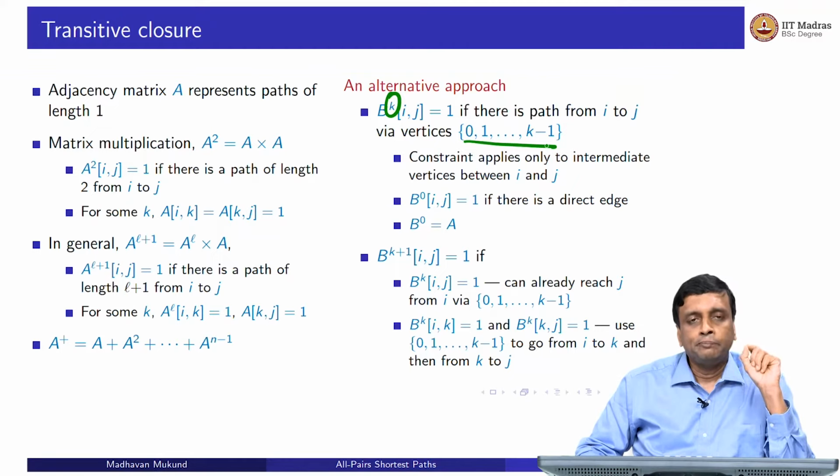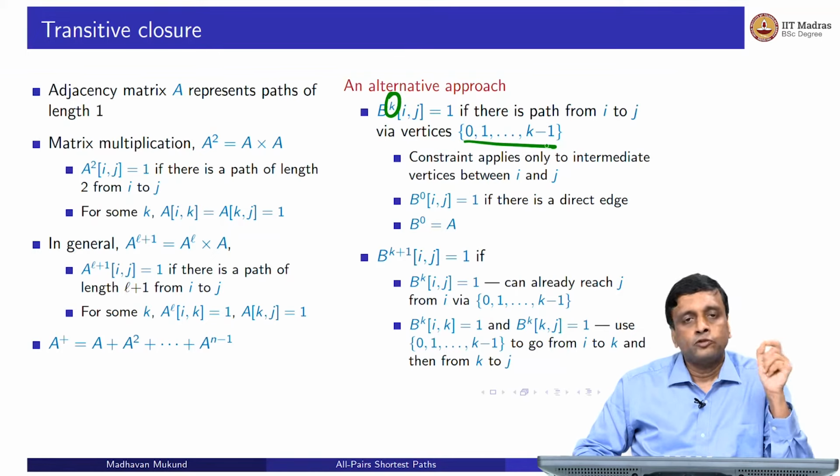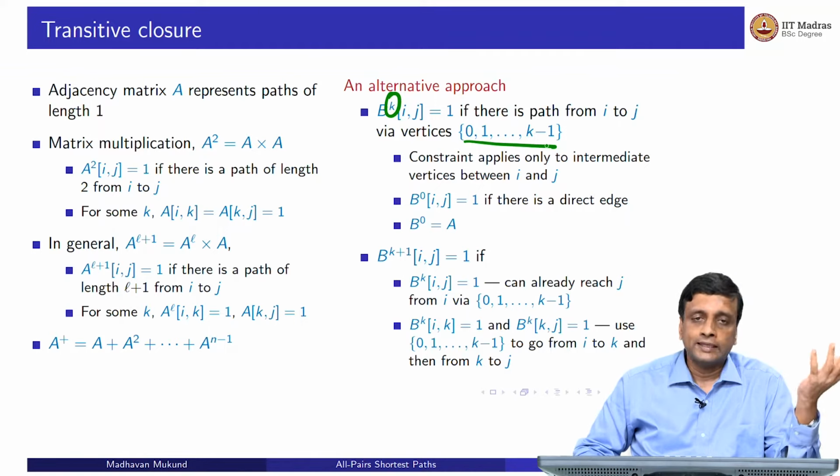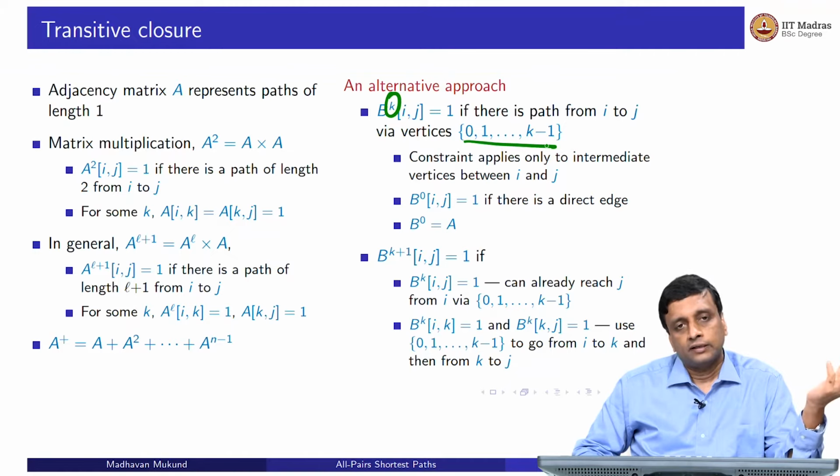So if I am doing B_{k+1}, I am allowed to use 0 to k. But in B_k, I could already use 0 to k minus 1. So there is a possibility that when I am allowed to use one more vertex, I do not need it, right. So I can already reach from i to j without using this new vertex k.